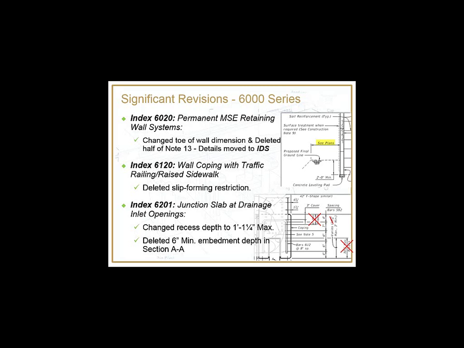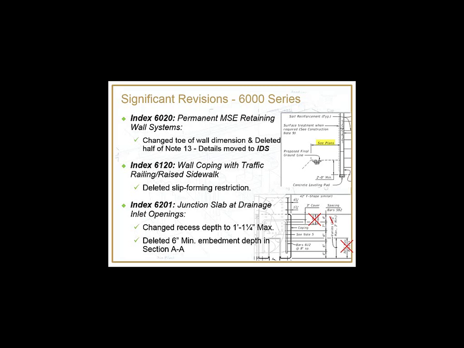The sidewalk, 6120, is the coping for the raised sidewalk traffic railing. There was a restriction for slip forming on that. We removed the slip forming restriction on index 6110, which is the F-shaped buried junction slab, a year or two ago.